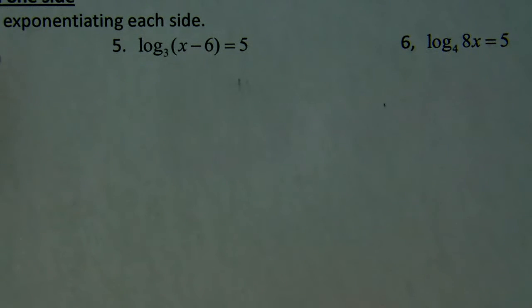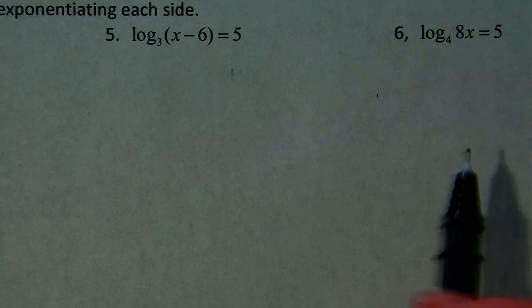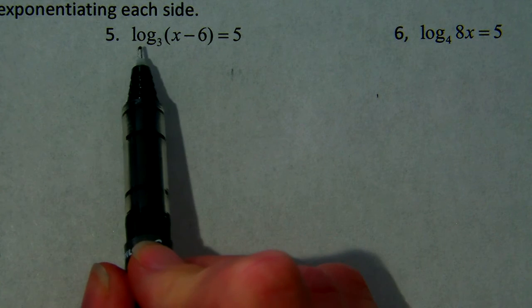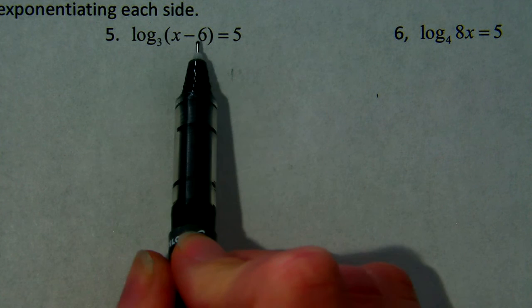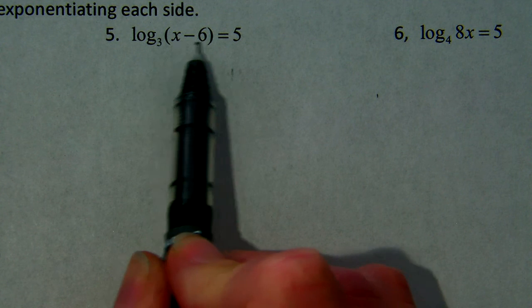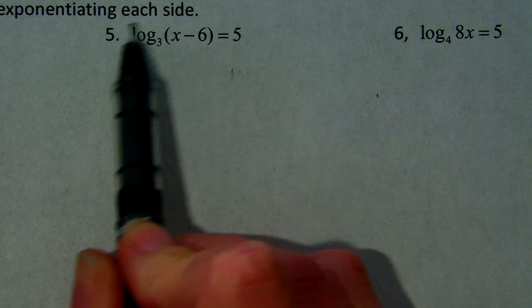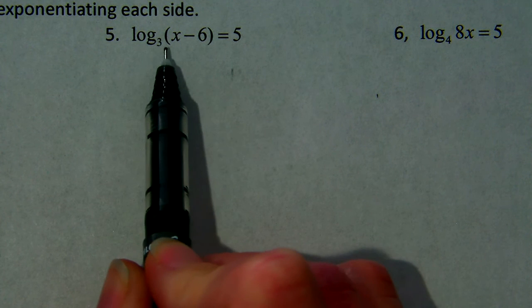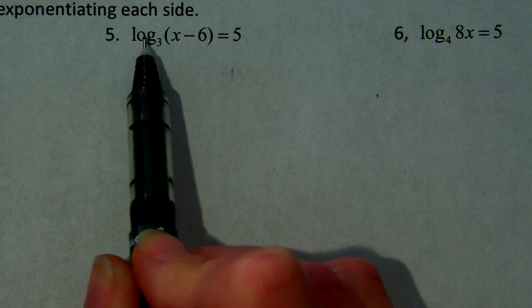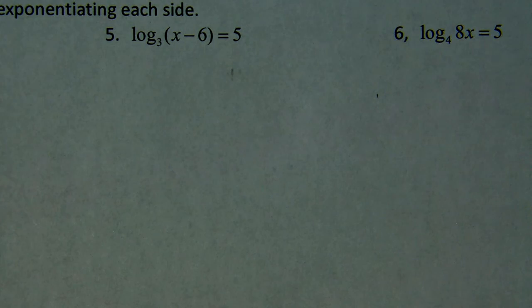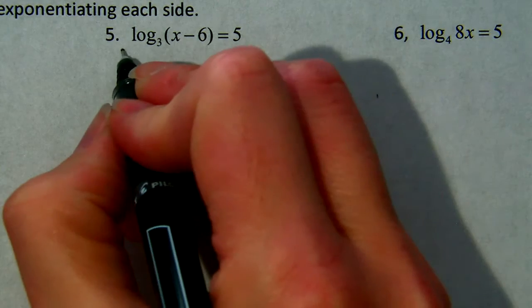All right, looking at number 5, again, step 1 is get the log alone. And so I'm looking at this, and I know that there's a -6 here, but see how it's in the parentheses. So it's part of that log. So my log is completely alone. It's log base 3, okay? And so what I'm going to do is I'm going to exponentiate it.